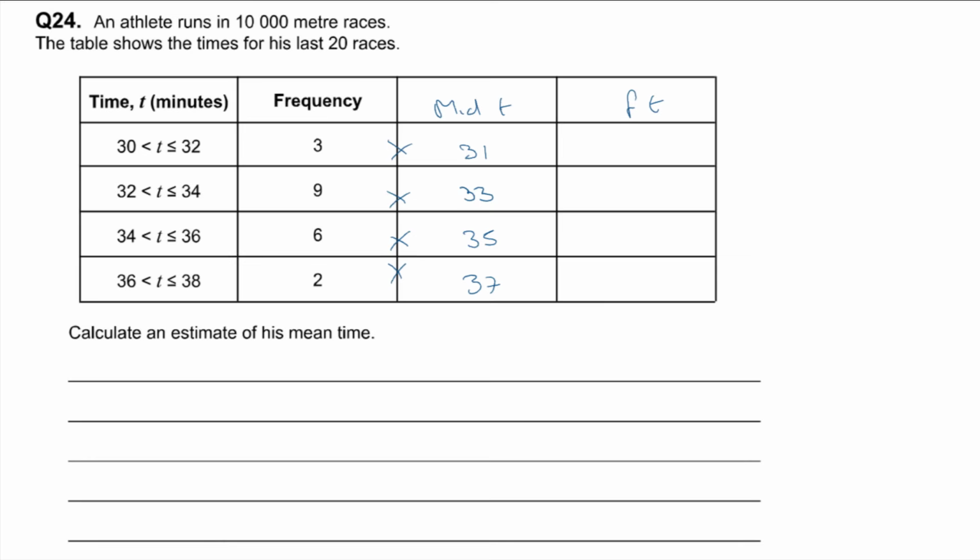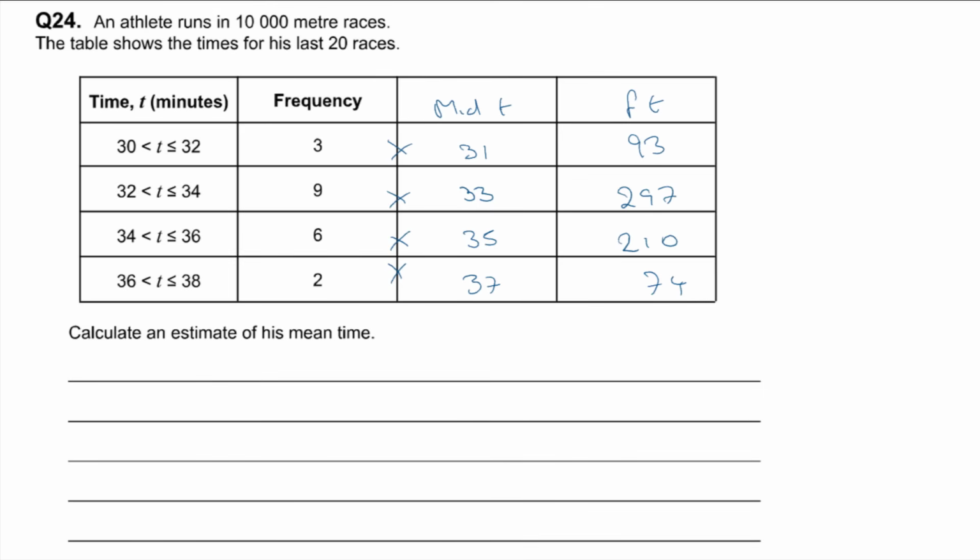3 times 31, that's 93. 9 times 33, that's 297. 6 times 35, that comes to 210. 2 times 37, that's going to be 74.